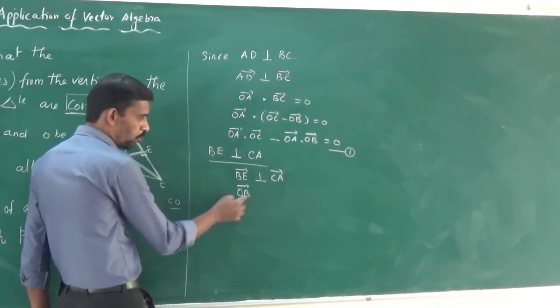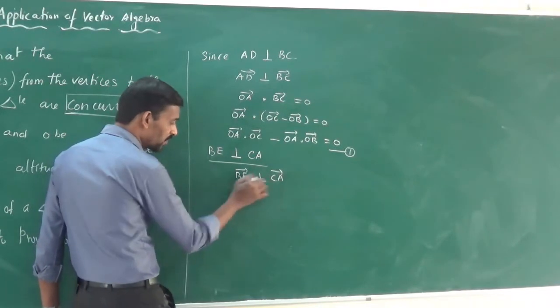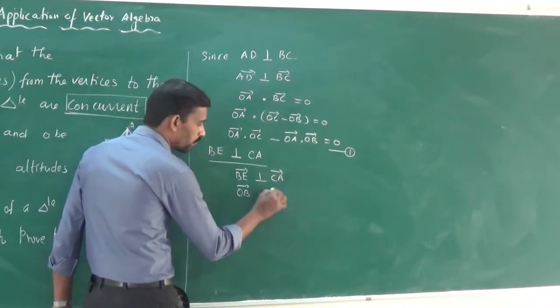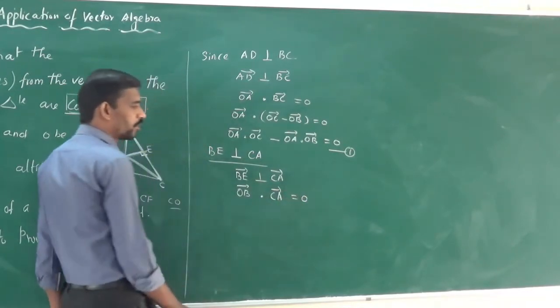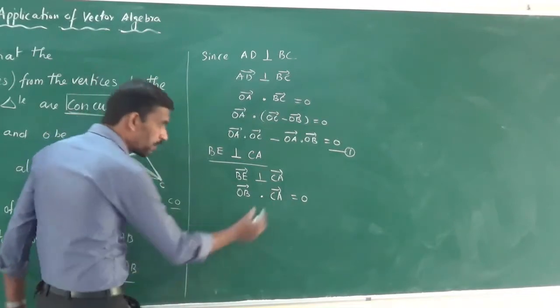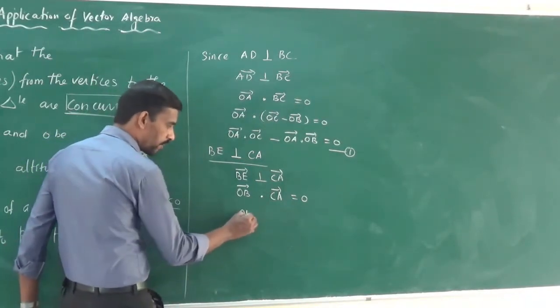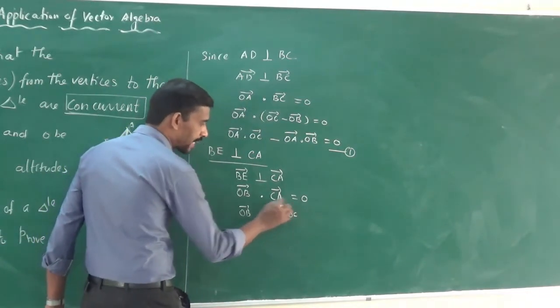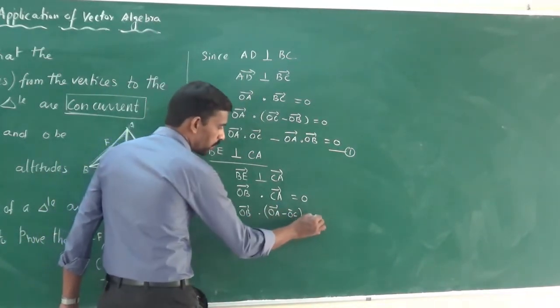Instead of BE I took OB here. Since both are perpendicular, the dot product will be 0. So OB vector dot CA vector is equal to 0. Now this CA vector we can write as OA minus OC, second minus first.